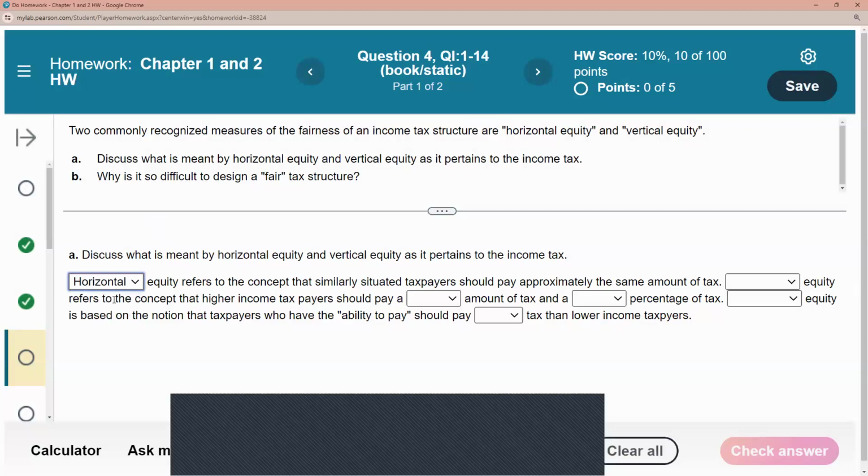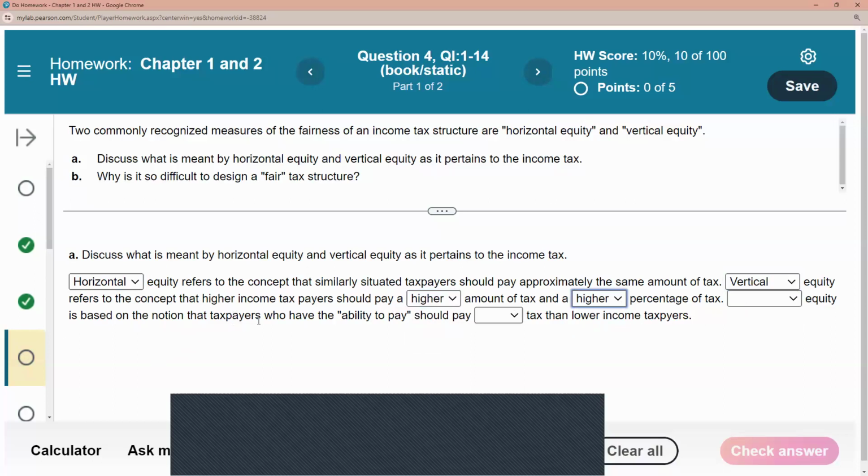Blank equity refers to the concept that higher income taxpayers should pay a blank amount of tax and a blank percentage of tax. So vertical equity refers to the concept that higher income taxpayers should pay a higher amount of tax and a higher percentage of tax.